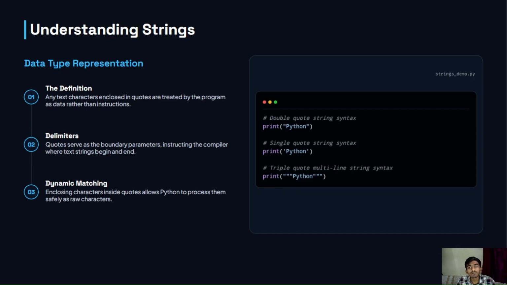Now you may think, if we have both single and double quotation marks, then why do we need two options? Why not one option, which would be great for us? So suppose I show you an example with a sentence.